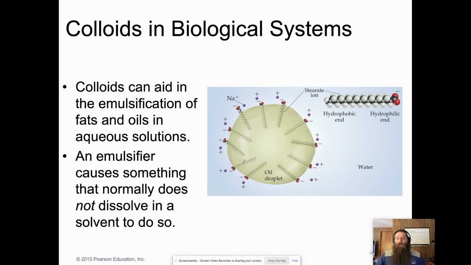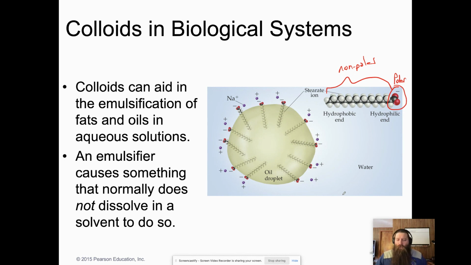Now, stearate is a really important one of these in the human body. What it does is it has this nonpolar end, so it kind of looks like a phospholipid. The nonpolar end can dissolve into these oil droplets, and a little polar end remains sticking out. So all these polar ends can now interact with water, and you can move a fat droplet through your biological system.